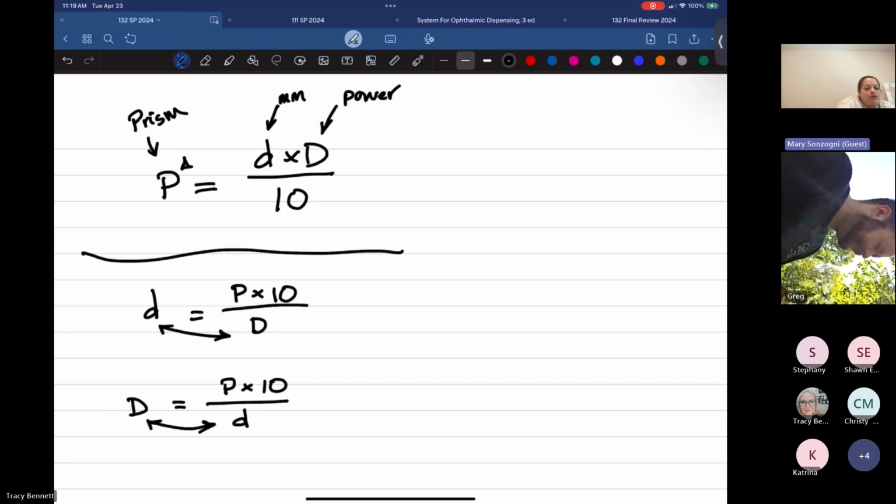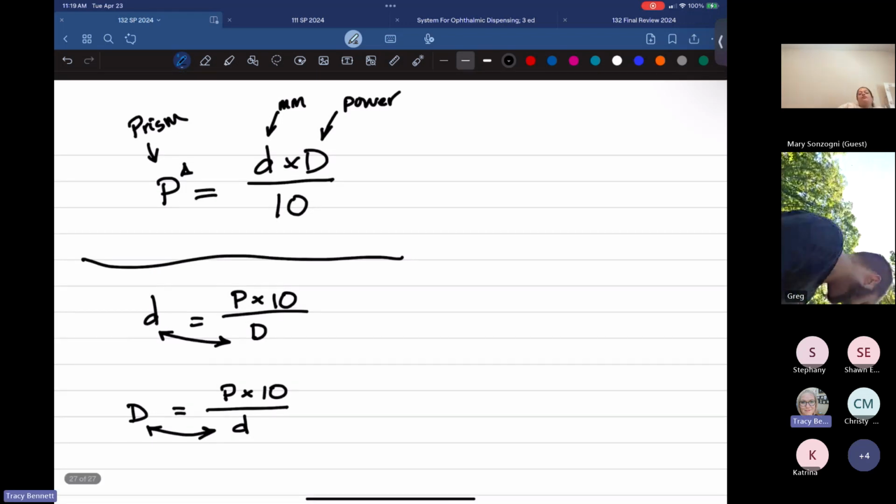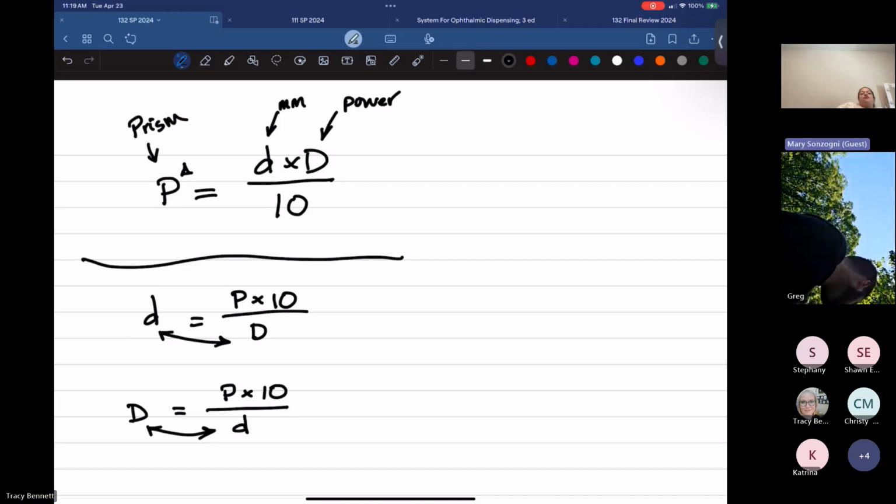On the second one you wrote, you just moved where the 10 was. Pretty much. Well, I moved the P over too, because basically you have to multiply. I'm not a math genius either. Okay, the 10 is always there. It's just the other variables and where you move the 10.